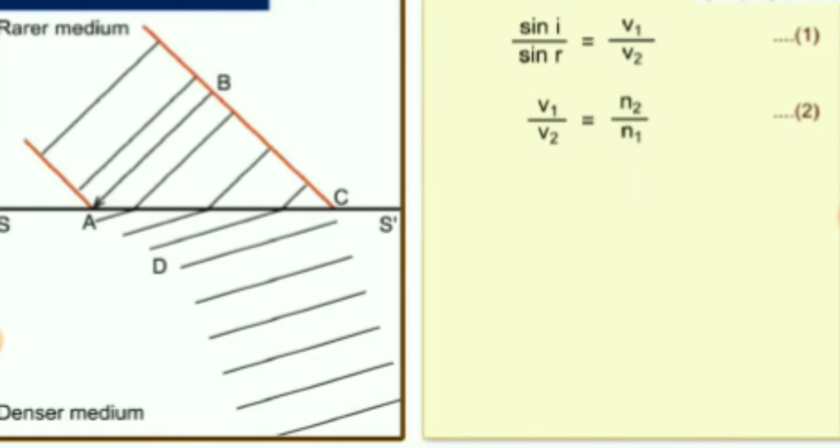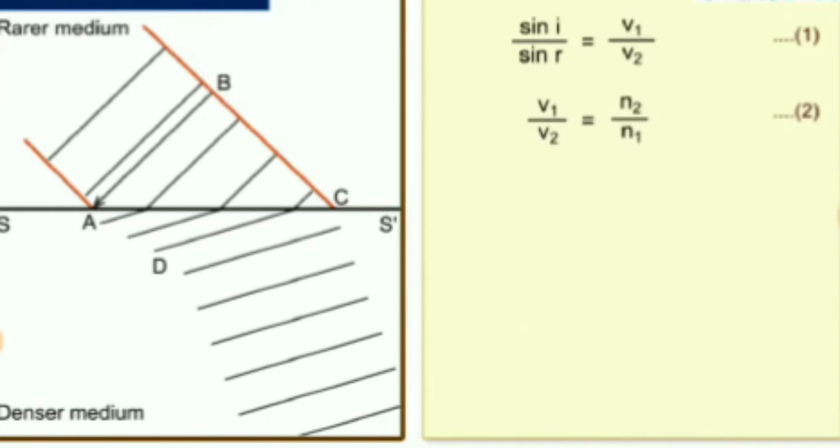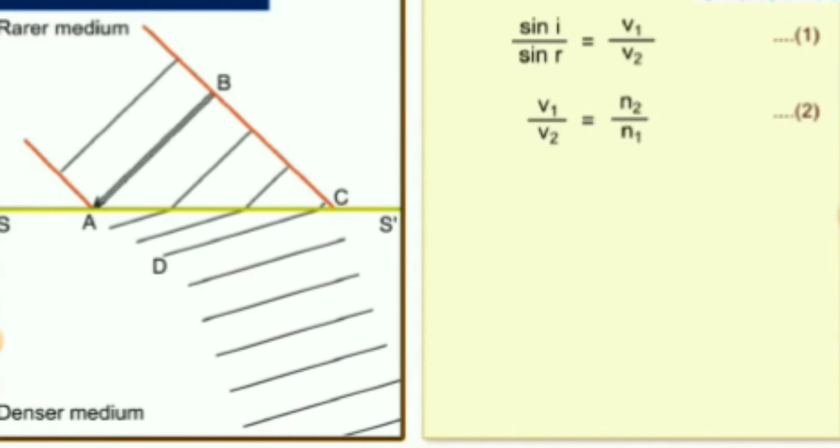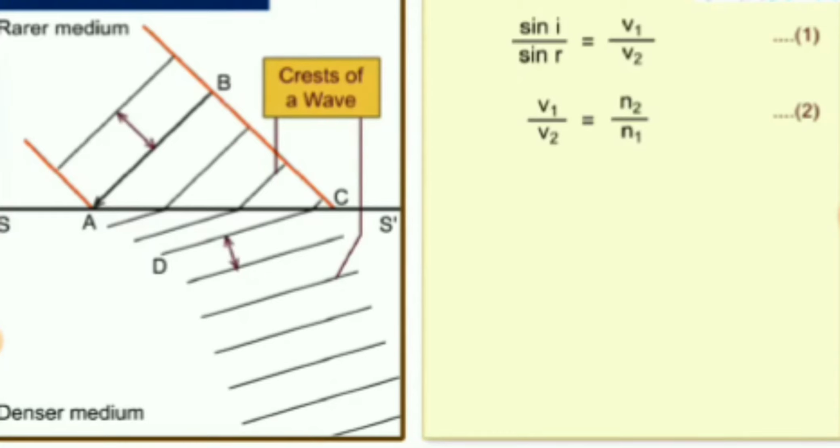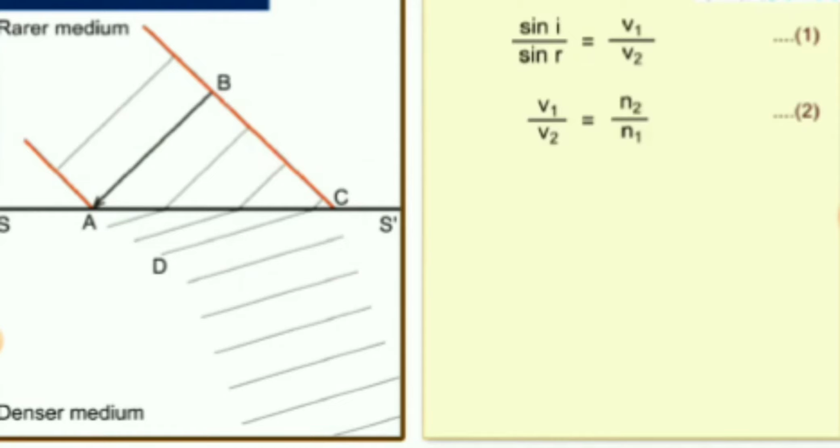Let us now consider the refraction of successive wave fronts at the interface SS'. If the wave fronts as shown represent crests of a wave, then the distance between two successive wave fronts in a medium is equal to the wavelength of light in the medium. Let the wavelength of light in medium 1 be lambda 1 and in medium 2 be lambda 2. If the wavefront AB is considered, the points A and B reach the points D and C at the same time.